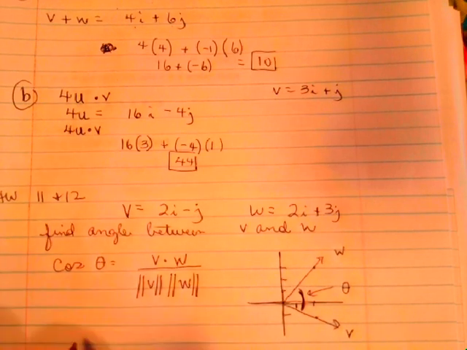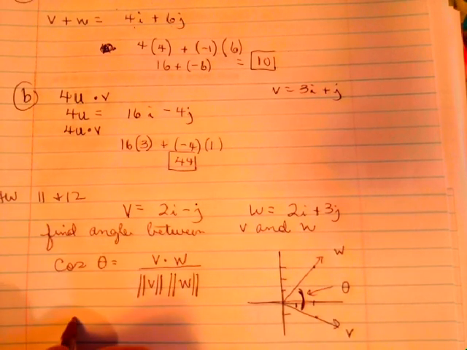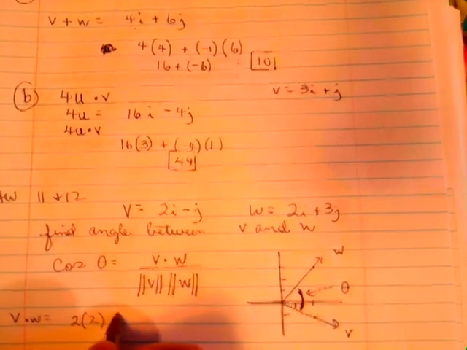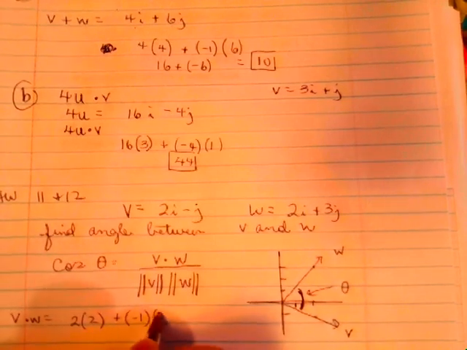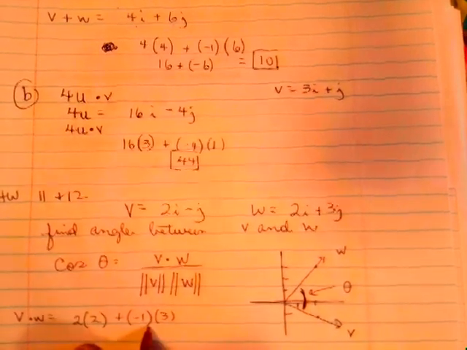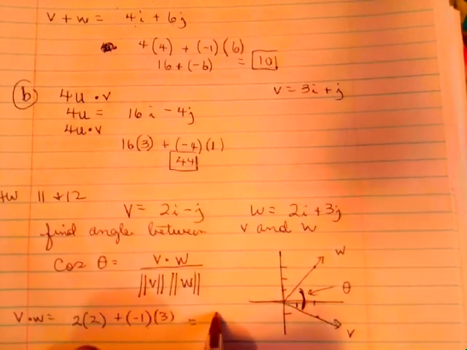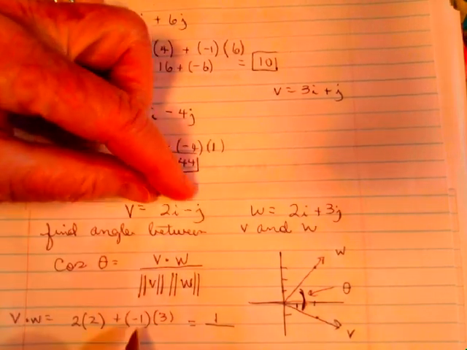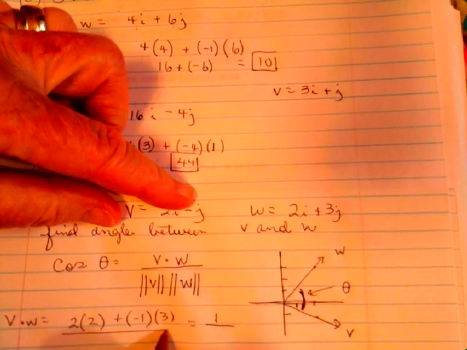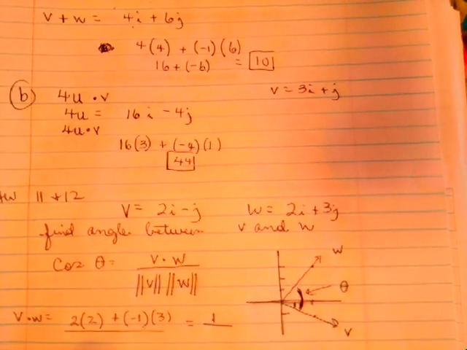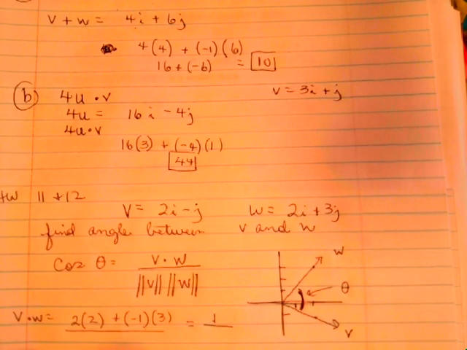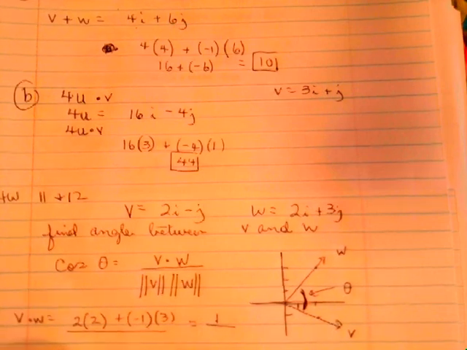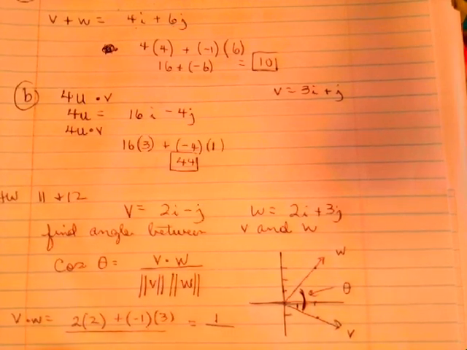So v dot w equals 2 times 2 plus negative 1 times 3. 4 minus 3 gives me 1. I got my numerator. My denominator is the magnitude of v. So somewhere over here I'm doing the magnitude of v equals the square root of 2 squared plus negative 1 squared, which is the square root of 5.